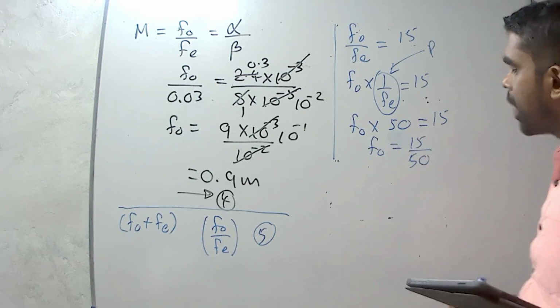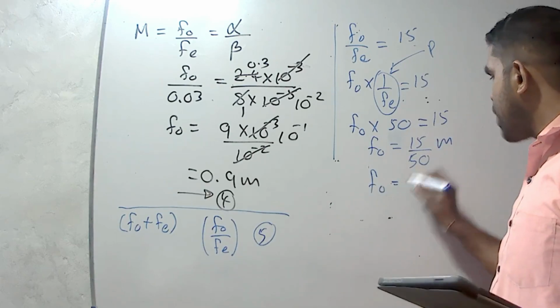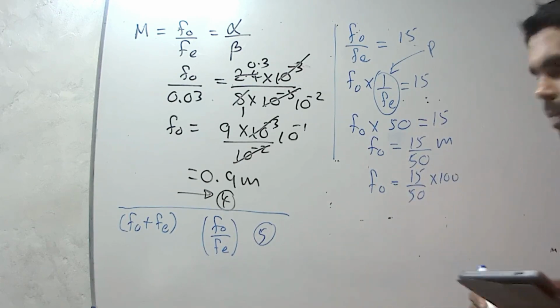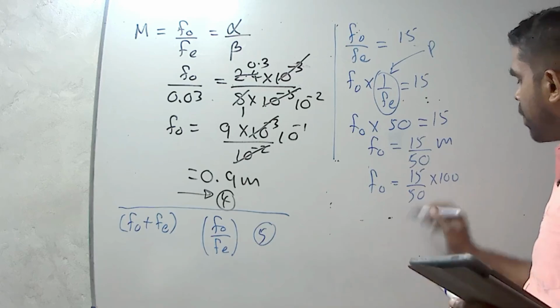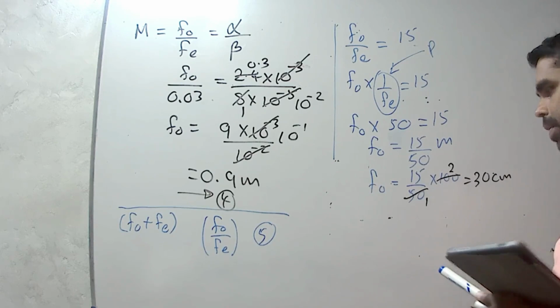It is in meters. When converting to centimeters, we can multiply this value by 100. Then 15 times 100 divided by 50 gives 30 centimeters.